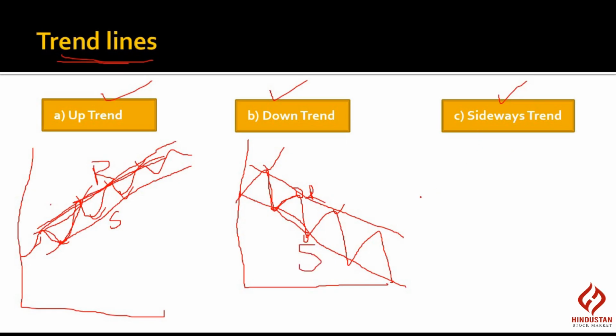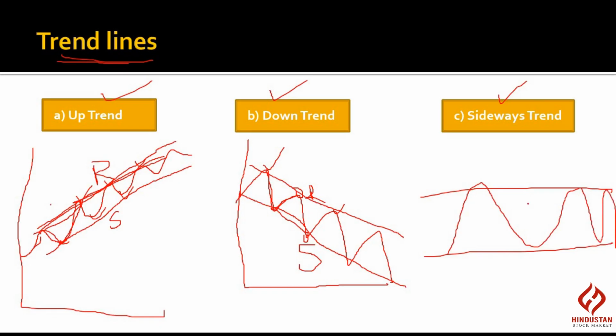And whereas sideways trend, so when stock price is moving in a particular range, right? So it is moving in a particular range, then this range is known as sideways. It is not going beyond this particular range. So this range is known as sideways. There is no uptrend or there is no downtrend.